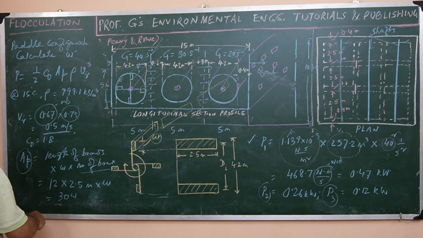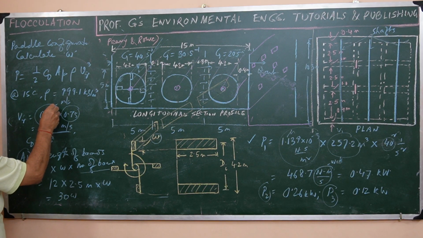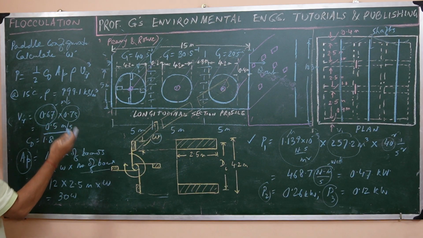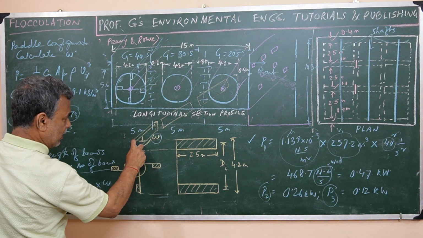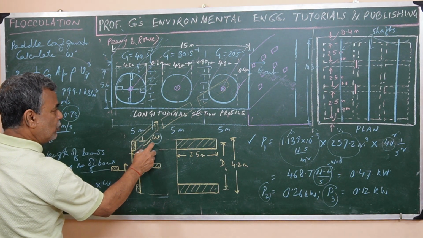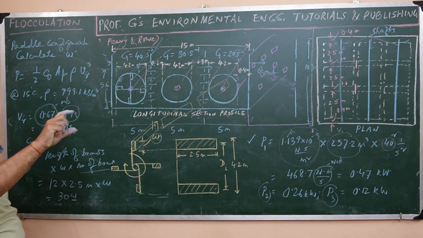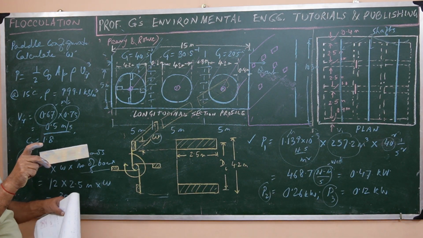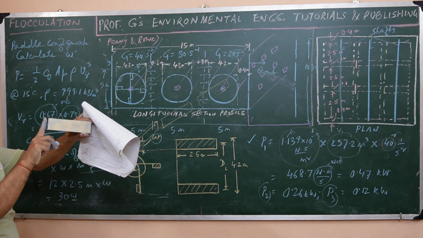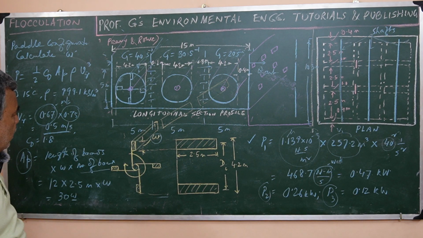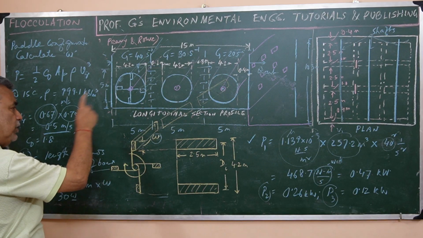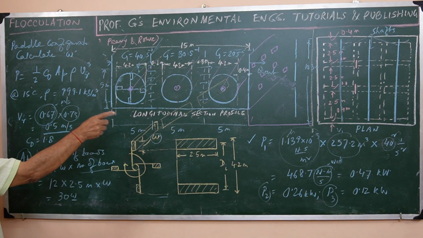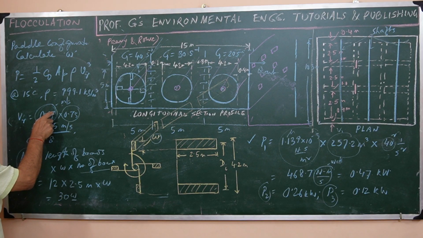Now here one thing I should say, that we have assumed a velocity. What you could have done is take the depth of the paddle from the standard dimensions. Suppose this is a dimension, this the depth. So this depth you could have taken, and you could have calculated this VP and checked that VP. But here, the VP is taken from the range, that is the peripheral or tangential velocity.